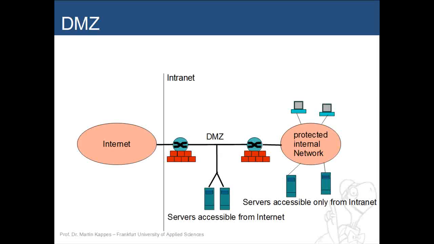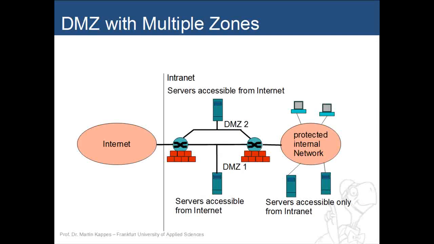Of course, it also makes a lot of sense to further separate the demilitarized zone and other networks, as shown here. We could have different zones such that if one machine which sits in a demilitarized zone is compromised, no other machines in the demilitarized zone are compromised. So this is a great simplification over what you would basically see in practice.